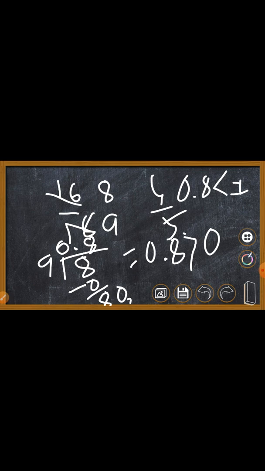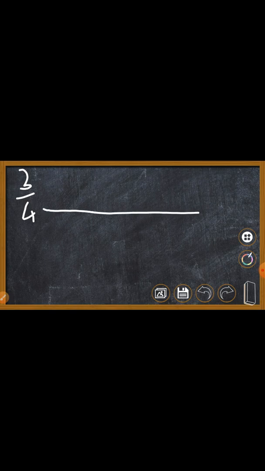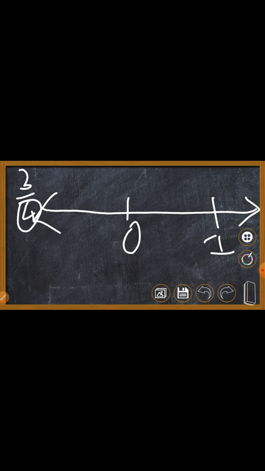Means if I ask you to represent 3 by 4 on a number line, you know that it is between 0 and 1 only. So what will you do? 3 by 4, first let's deal with this 4. Since the denominator is 4, you will make 3 equal marks between 0 and 1, then you will start counting from here.